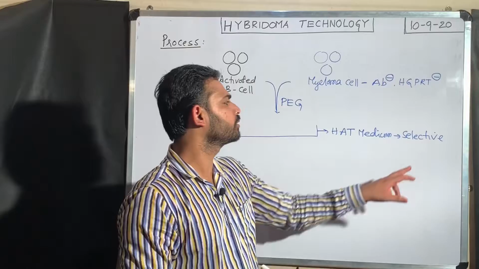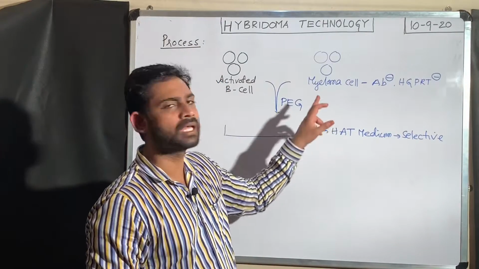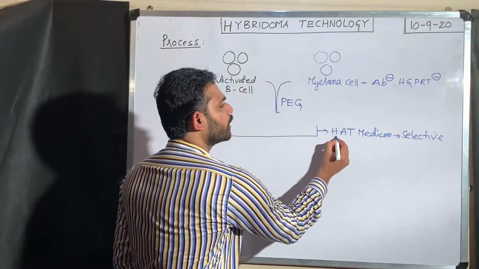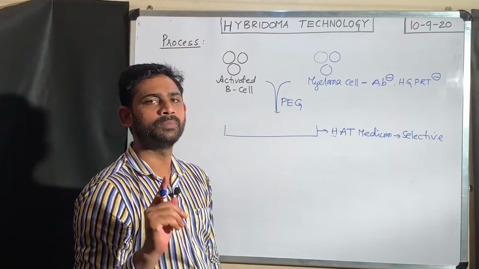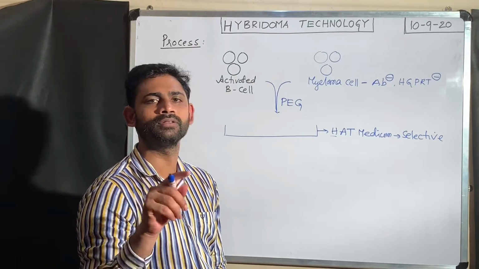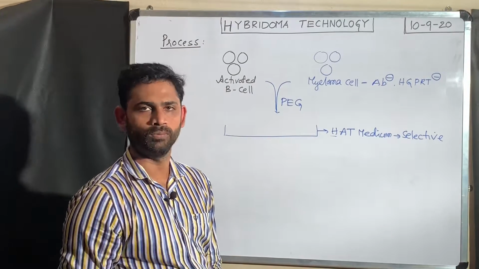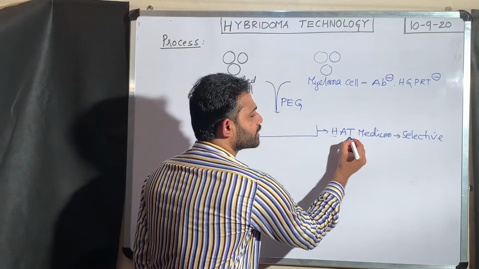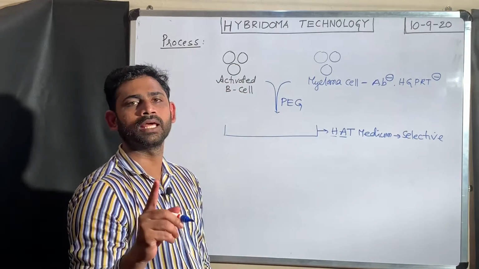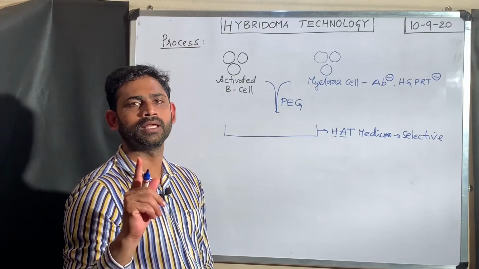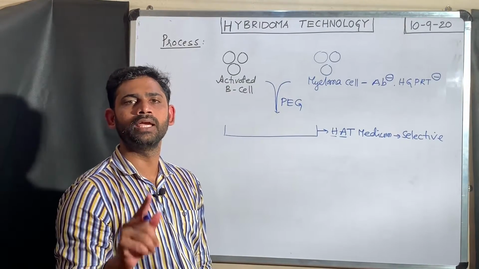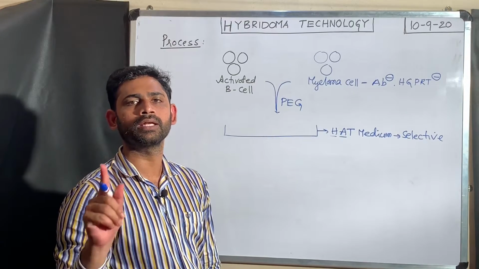The one selective medium we are using in this hybridoma technology is HAT medium. H is for hypoxanthine. Hypoxanthine is one of the non-standard nitrogen bases that can convert into the standard nitrogen bases that we know. The next one is aminopterin. A is for aminopterin. It is a selective agent. This aminopterin inhibits the enzyme DHFR, dihydrofolate reductase.